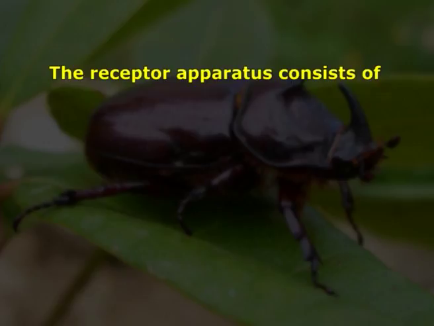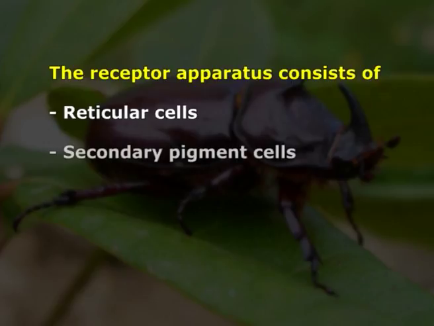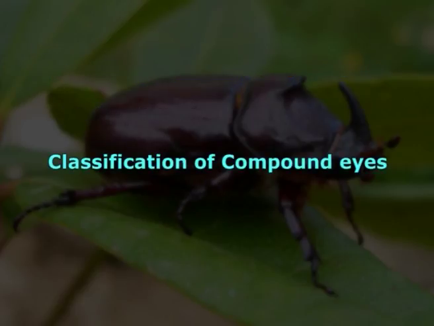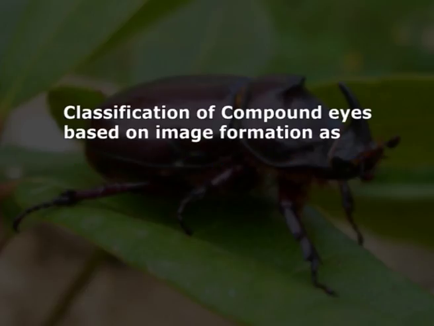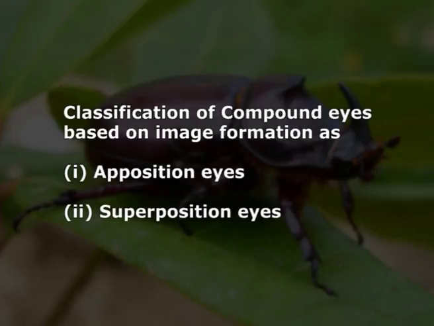The receptor apparatus consists of retinular cells, secondary pigment cells. Classification of compound eyes. Classification of compound eyes based on image formation as apposition eyes and superposition eyes.